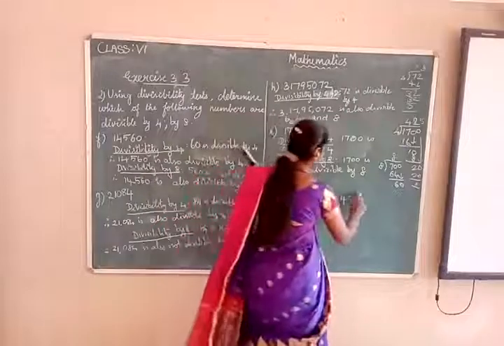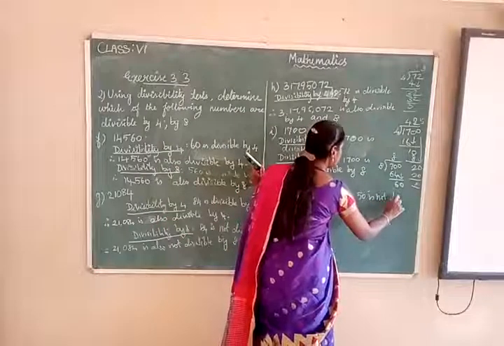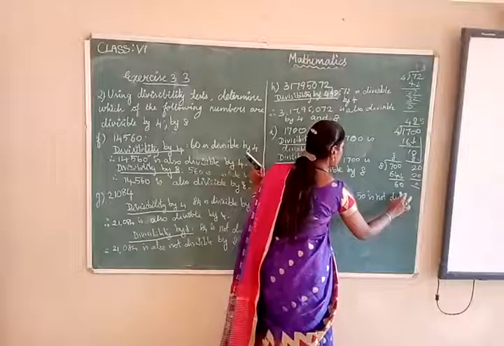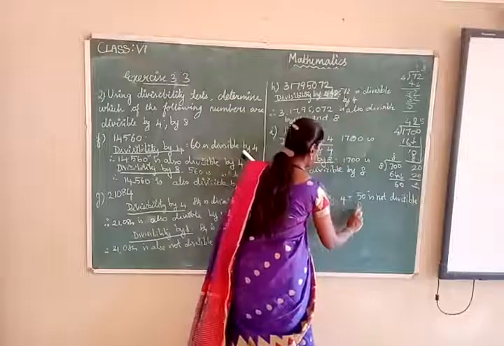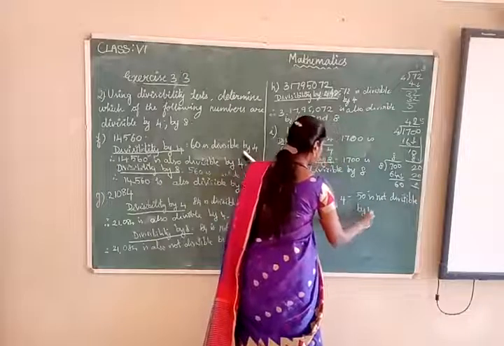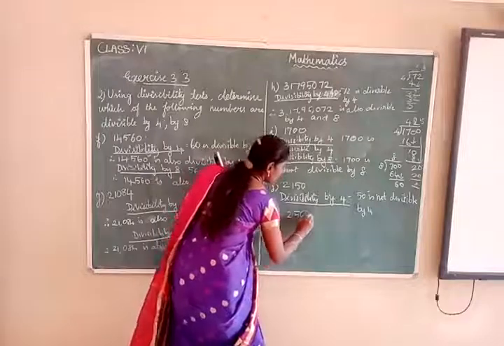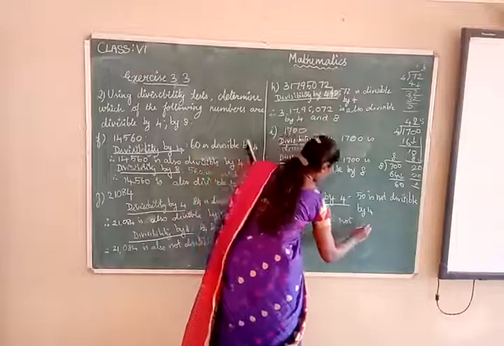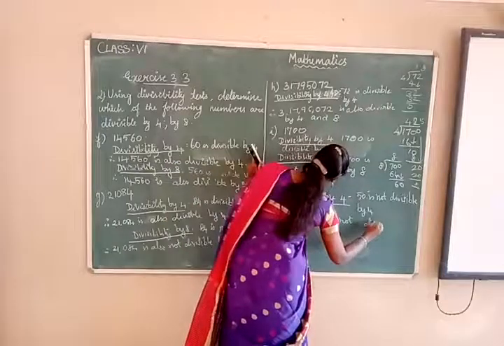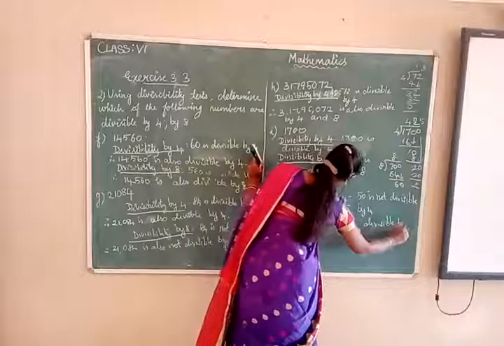So 50 is not divisible by 4. Therefore 2150 is also not divisible by 4.